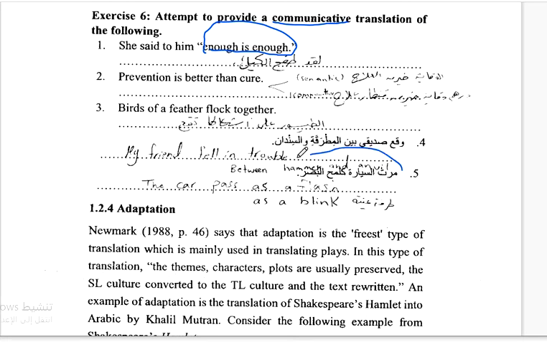Here, على فكرة, when I say between the hammer and the anvil, it's semantic translation. Why? Because I follow the same form and structure and the same meaning, direct translation. And here it's true, صح, when I say my friend is between hammer and anvil.